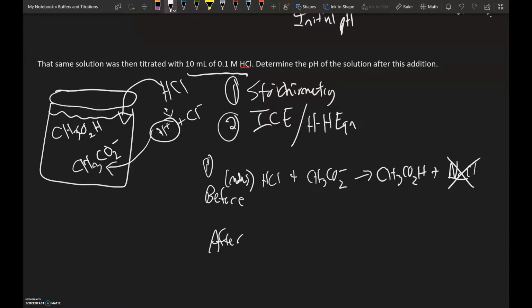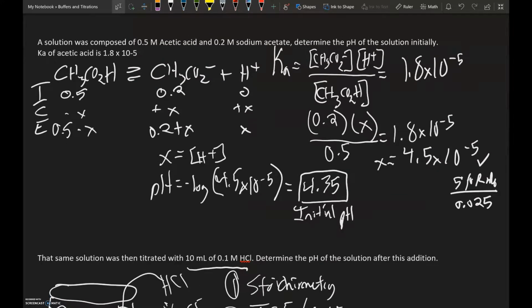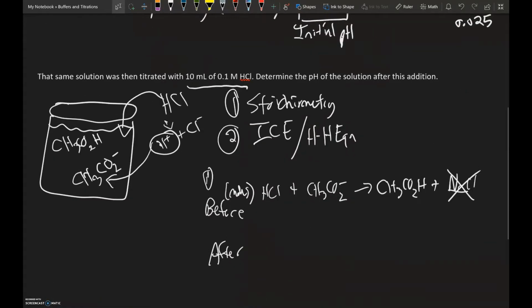Now the question is, how much do we have before? You can convert your milliliters into liters, but that's not necessary. And I did not give any specific volume of what we had in the first problem up here. So let's say we have 10 milliliters of the 0.2 molar sodium acetate.